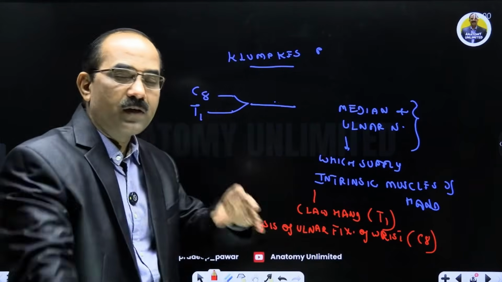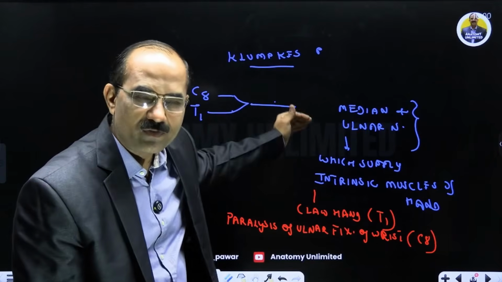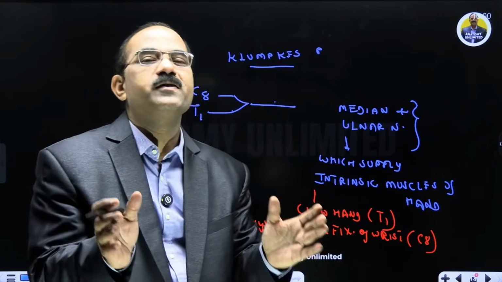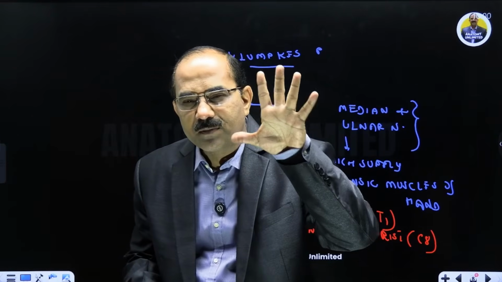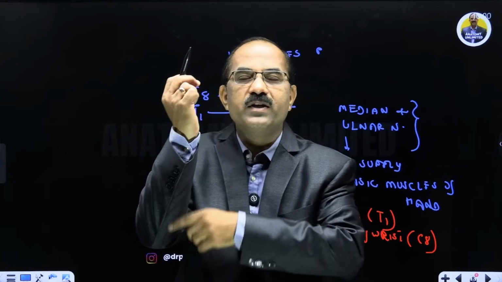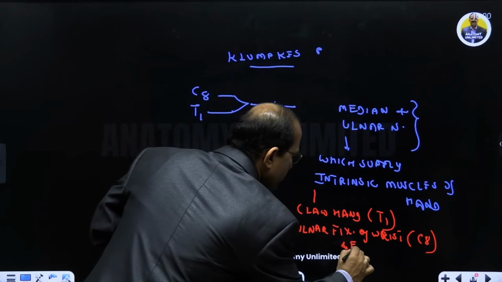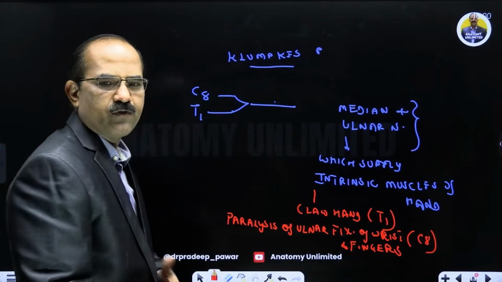Once again: Klumpke's paralysis is involvement of C8 and T1, the lower trunk of the brachial plexus. C8 and T1 are mainly present in the median and ulnar nerves, which supply the intrinsic muscles of the hand, supplied by T1, and the ulnar flexors of the wrist and fingers. Which muscles are these?